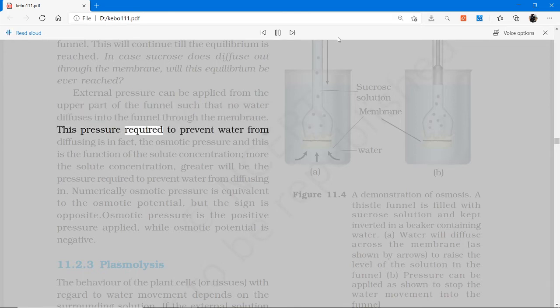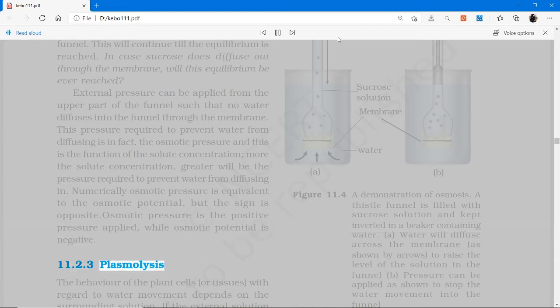This pressure required to prevent water from diffusing is in fact the osmotic pressure, and this is a function of the solute concentration. More the solute concentration, greater will be the pressure required to prevent water from diffusing in. Numerically, osmotic pressure is equivalent to the osmotic potential, but the sign is opposite. Osmotic pressure is the positive pressure applied, while osmotic potential is negative.